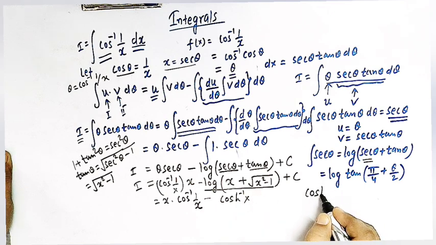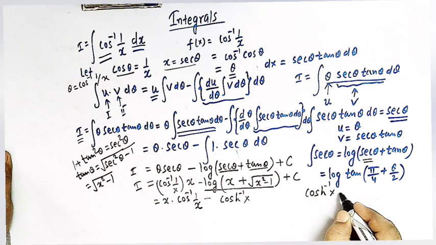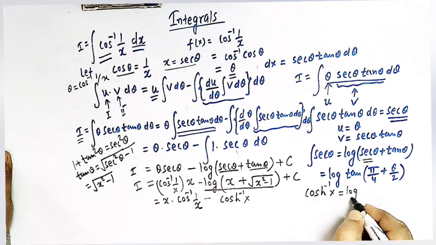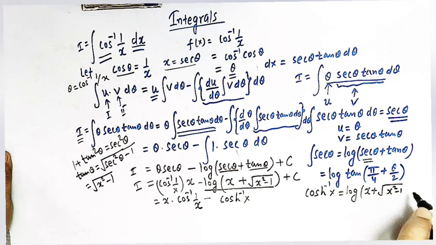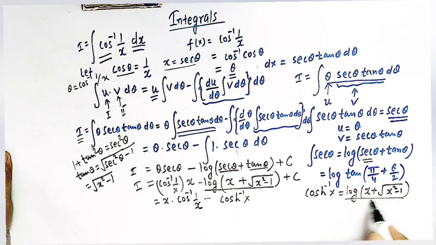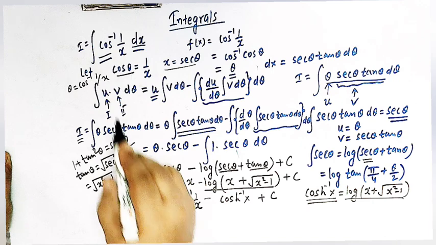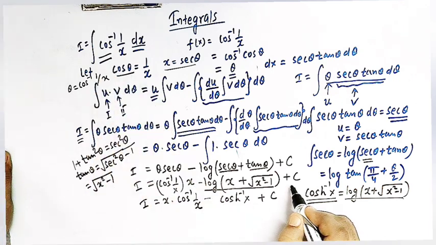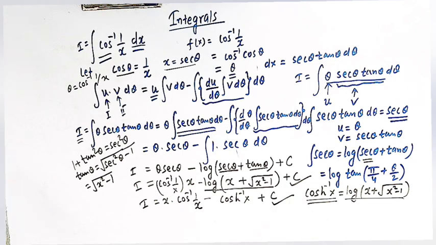So the inverse hyperbolic function of cosine x is given by log of x plus square root of x square minus 1. So here we can replace this log term by the inverse hyperbolic function, and here we have c. So the value of this integral can be taken as this expression or this expression.